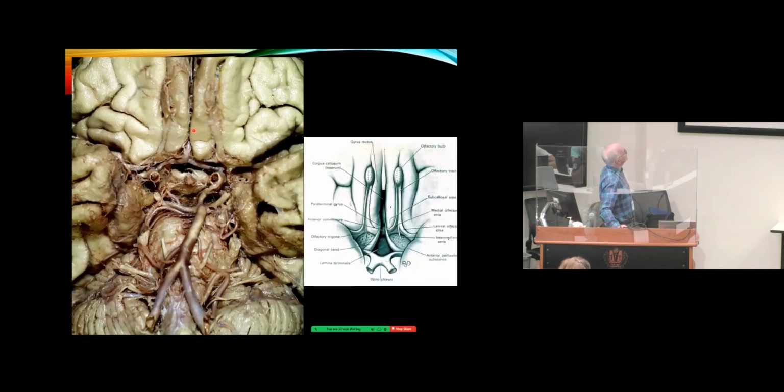Okay, so again, here's your olfactory bulb and tract, going back to the uncus right here. And remember, if you make a cut right here, the amygdala is deep. It's right deep in this area, adjacent to the uncus.